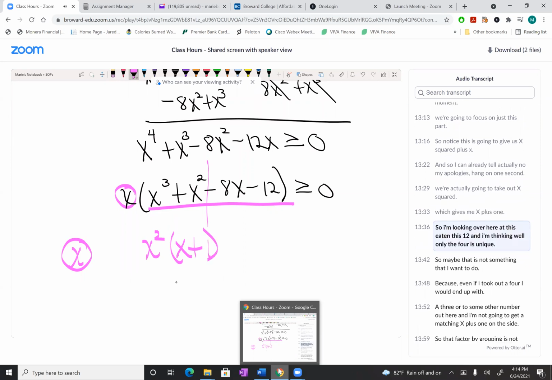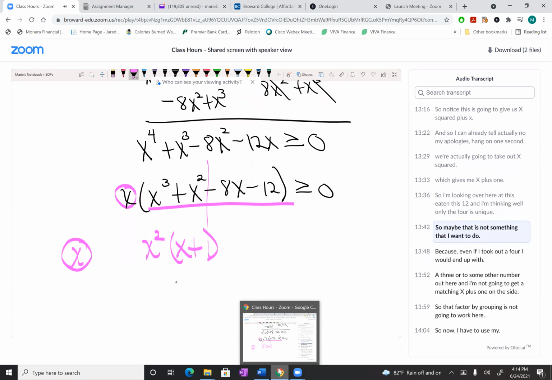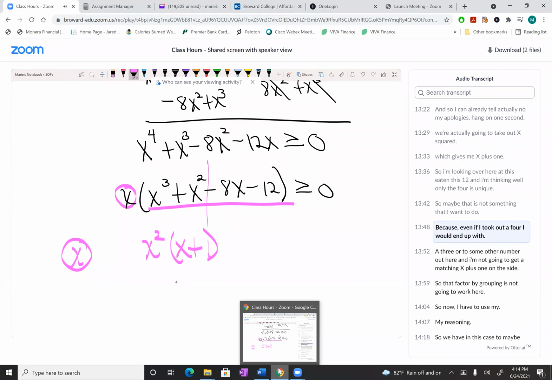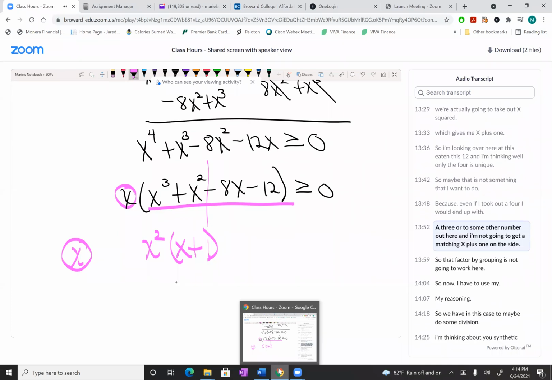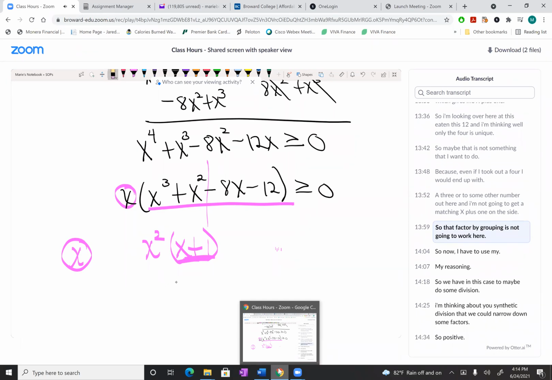So I'm looking over here at this 8 and this 12, and I'm thinking, well, only the 4 is unique. So maybe that is not something that I want to do. Because even if I took out a 4, I would end up with a 3 or a 2, some other number out here, and I'm not going to get a matching x plus 1 on this side. So that factor by grouping is not going to work here.